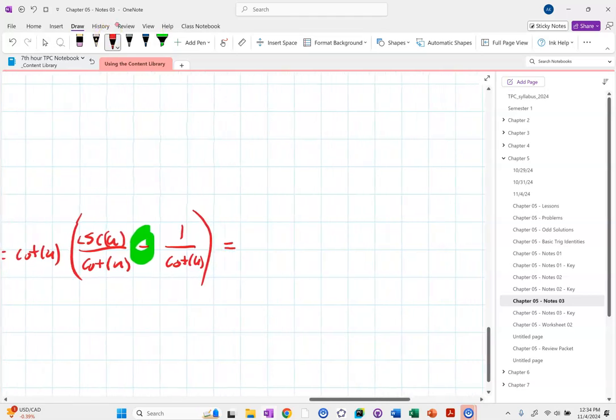All right. So let's look for some identities here. This thing eventually has to turn into secant minus tangent. So if I look here, 1 over cotangent has to turn into tangent, right? That's great because I have an identity to do that. That is R3.